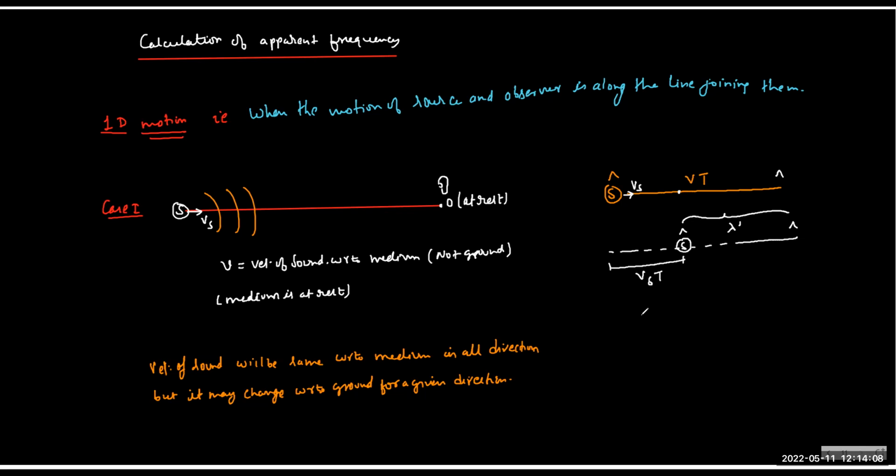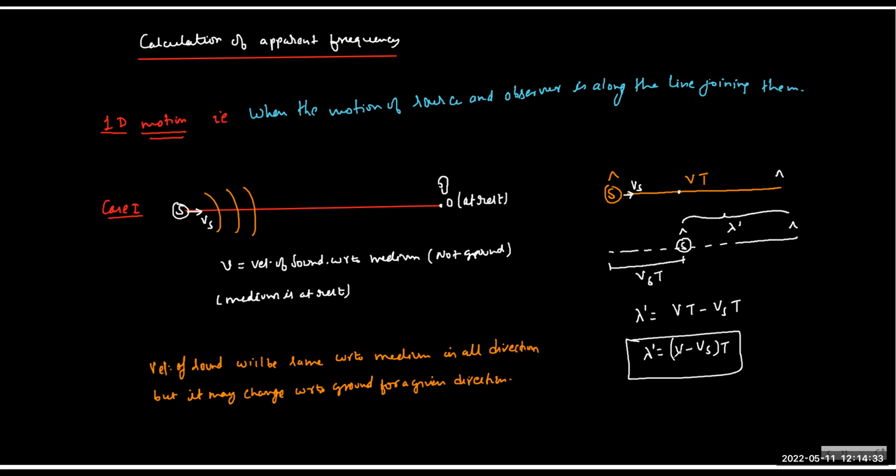So can you tell me what is lambda dash here? What is lambda dash? It is Vt minus Vst, which is obvious. So it's (V minus Vs) into t.